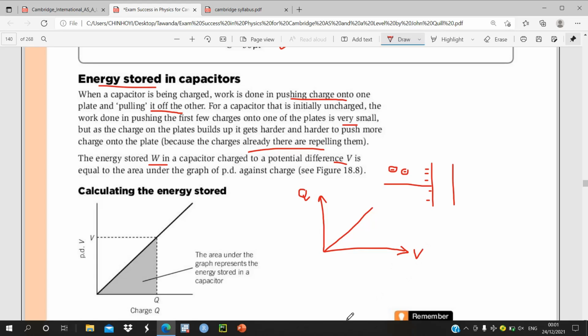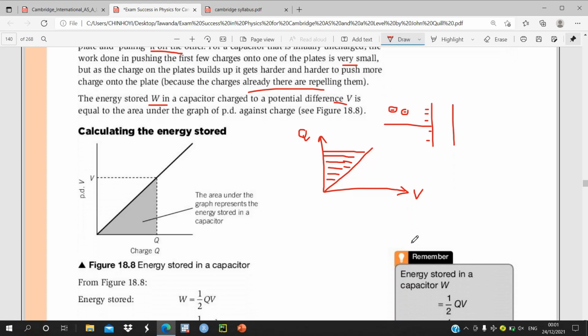So remember, it's the area under the PD-charge graph, so it will be this region. Make sure to identify your x-axis and your y-axis. If your x-axis is charge and your y-axis is voltage, then this one will be the area. But if we happen to twist the graph, you see that the area will be the shaded one. So make sure to note that.